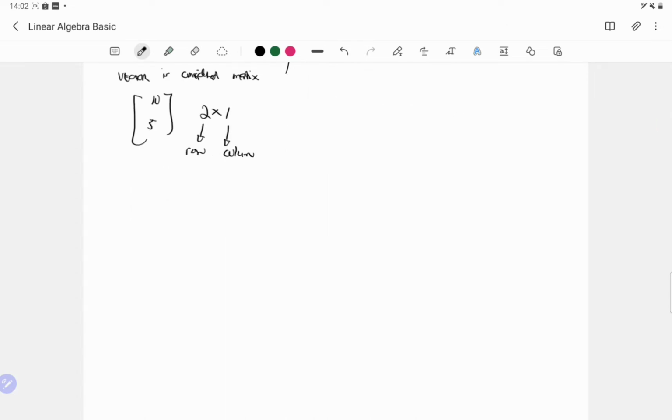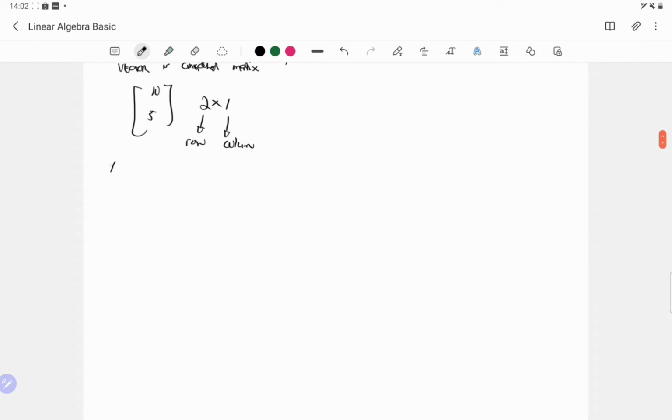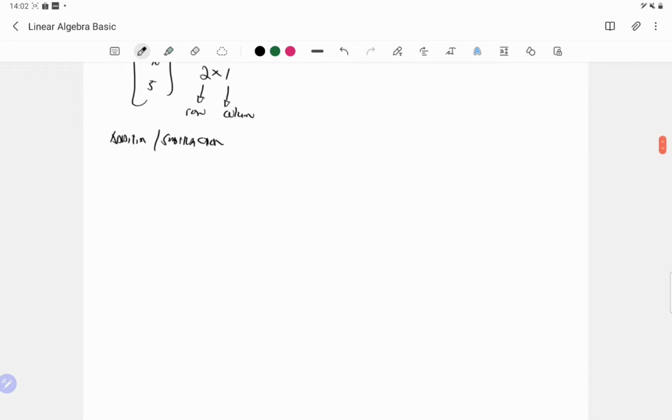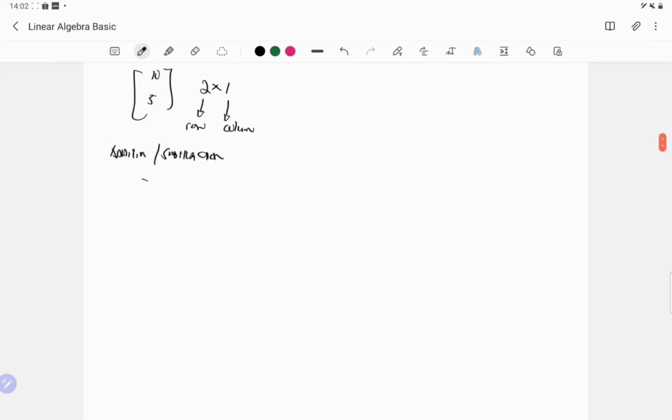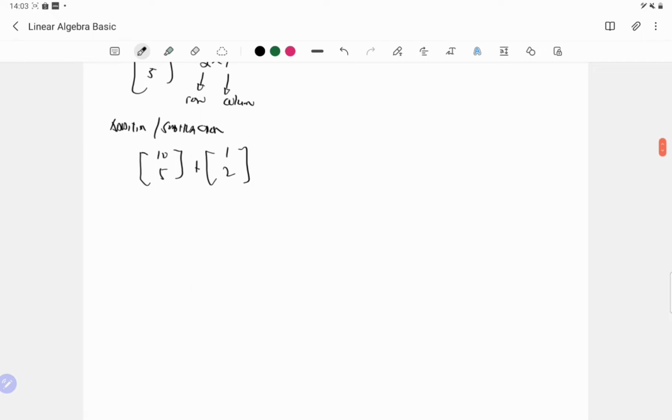All right, now let's go to linear algebra basic operations. We'll talk about addition and subtraction. In adding two matrices, you should remember that the two matrices should be the same size. For example, 10 5 plus 1 2. When adding these two, it's element-wise. This one is row 1 column 1, and the second matrix is also row 1 column 1.